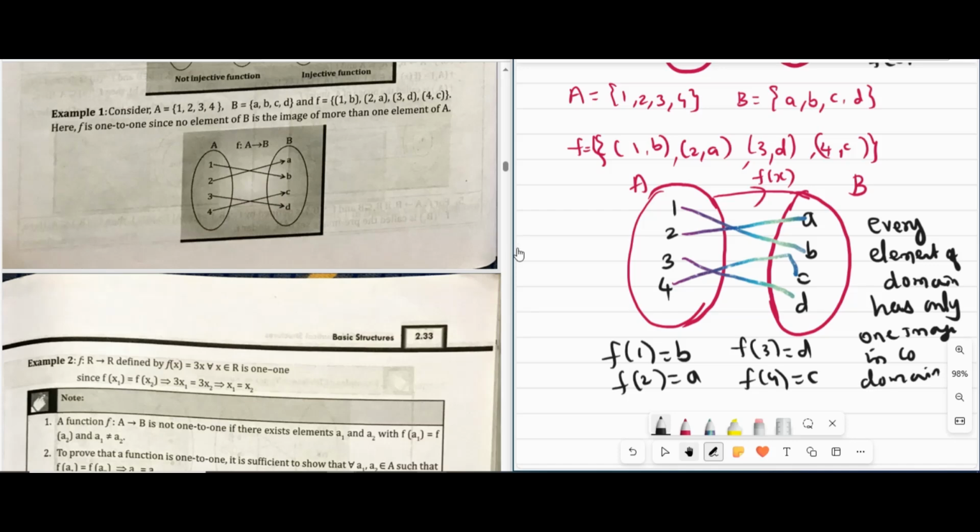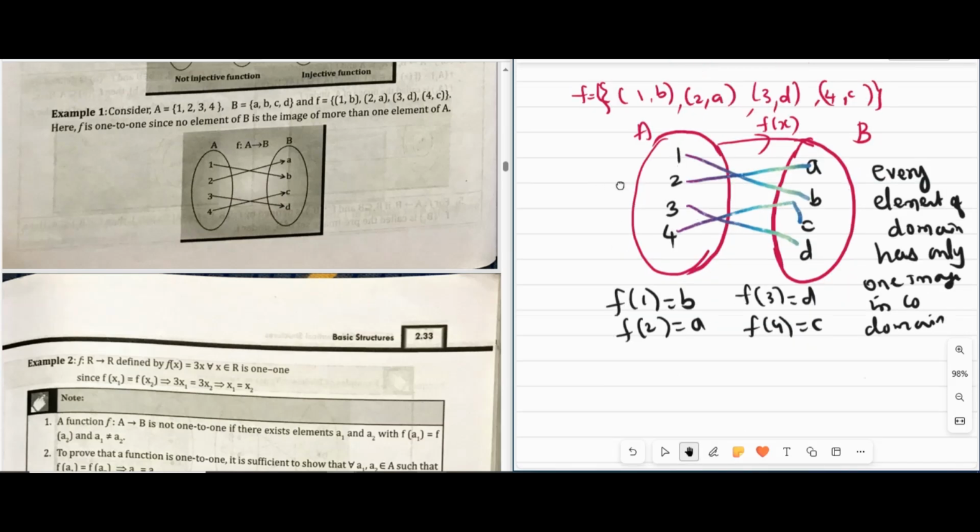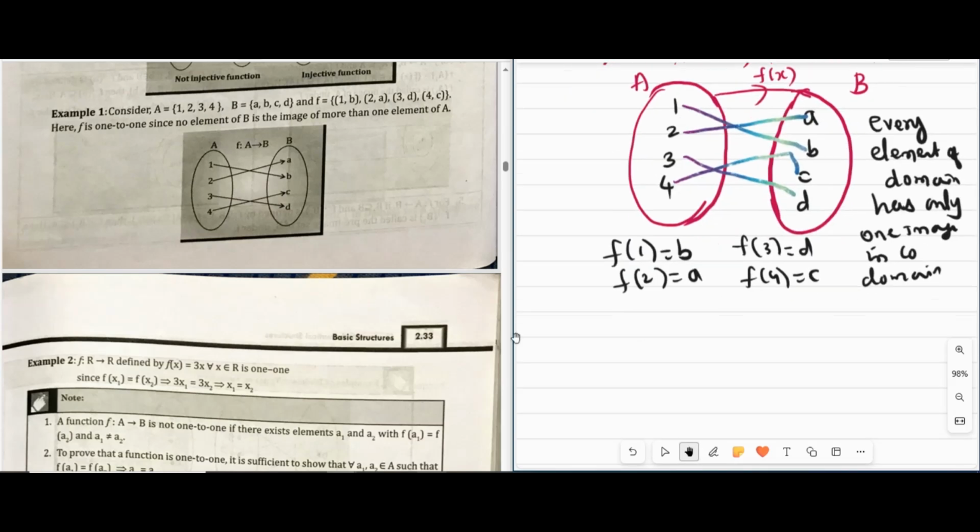Therefore, it is a one-to-one function. Or it is called an injective function.